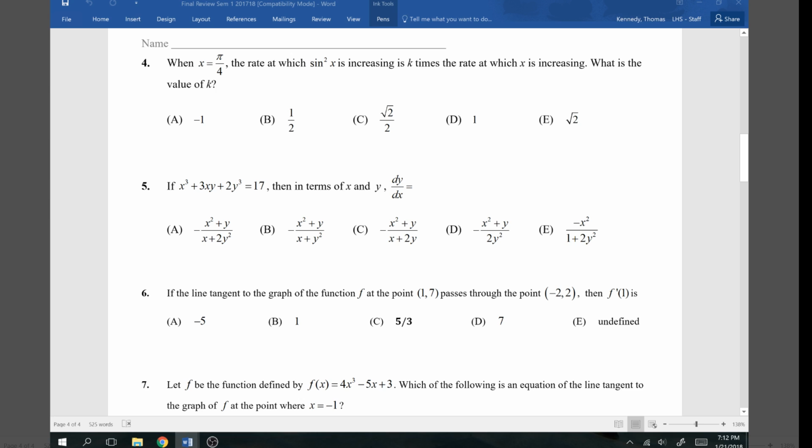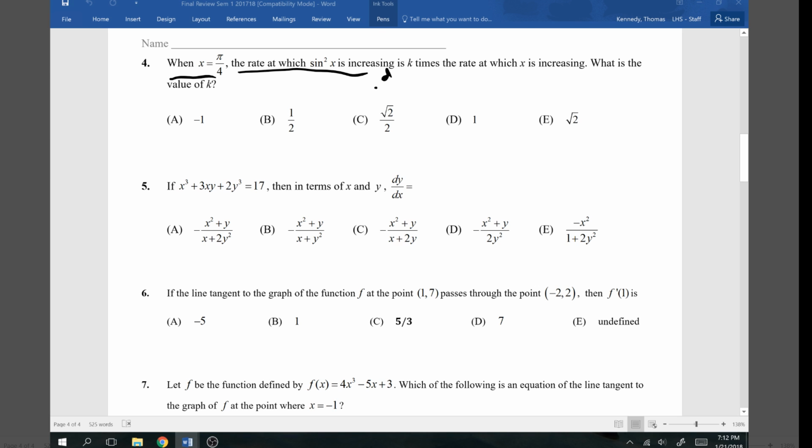All right, so starting in chapter 2, there were a lot of questions. This question is a hilariously, maybe convoluted way of asking you to take the derivative of sine squared of x and plug in pi over 4, because it says the rate that these are increasing is the same.